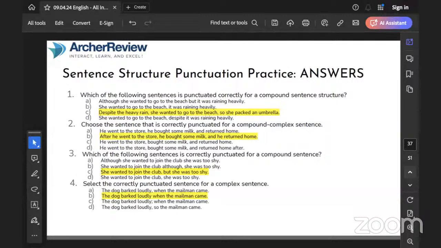What do you mean? I'm not sure. I don't think I understand that one. What's that mean? Oh, 2D, the subject is 1.